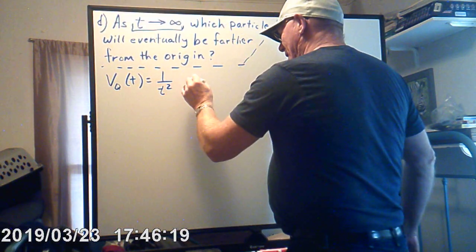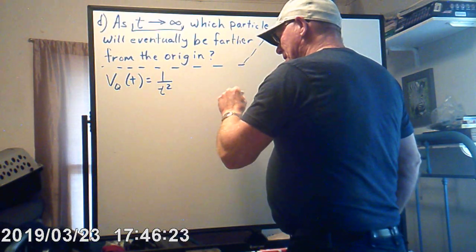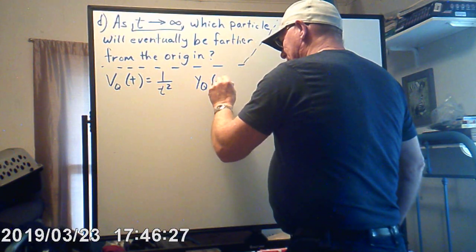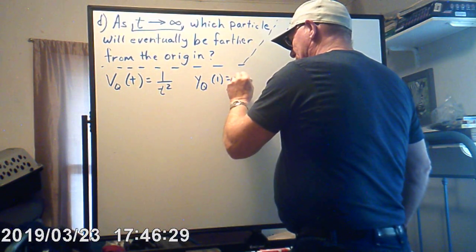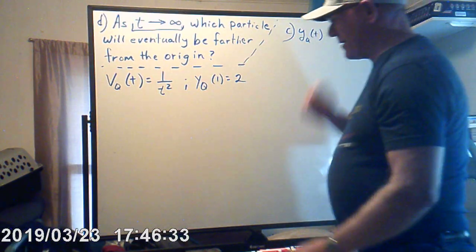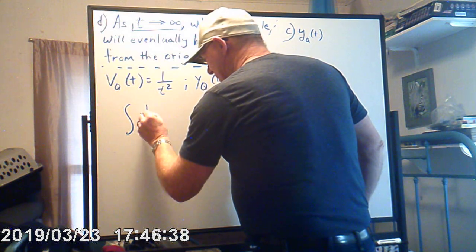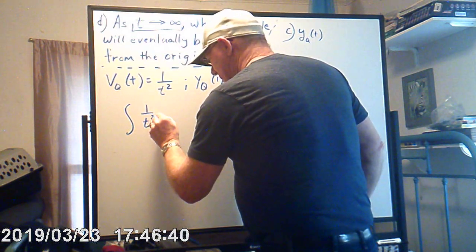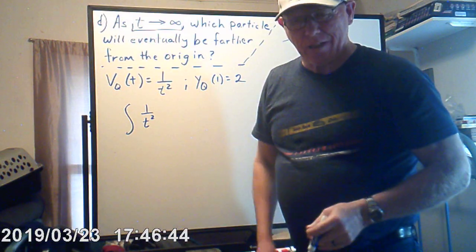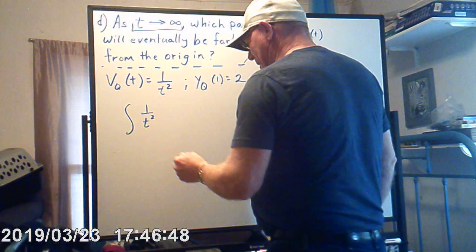Now remember that yq at 1 is equal to 2. Alright, now we need to take the antiderivative of this, so we're going to do this. There's no definite integral, although maybe you could set up a definite integral, but we're just going to do it this way.